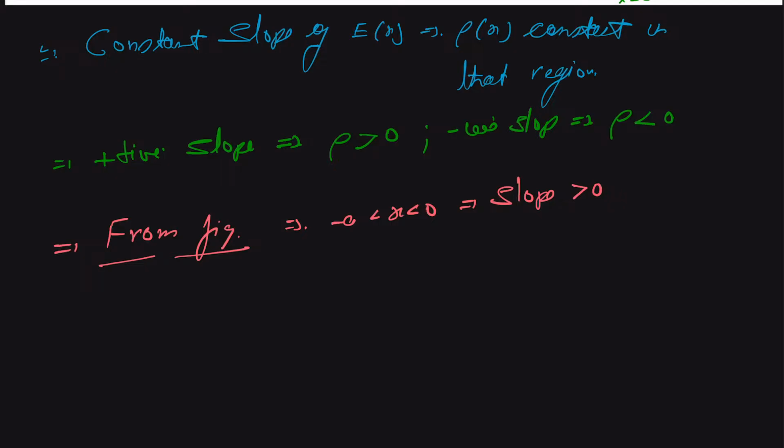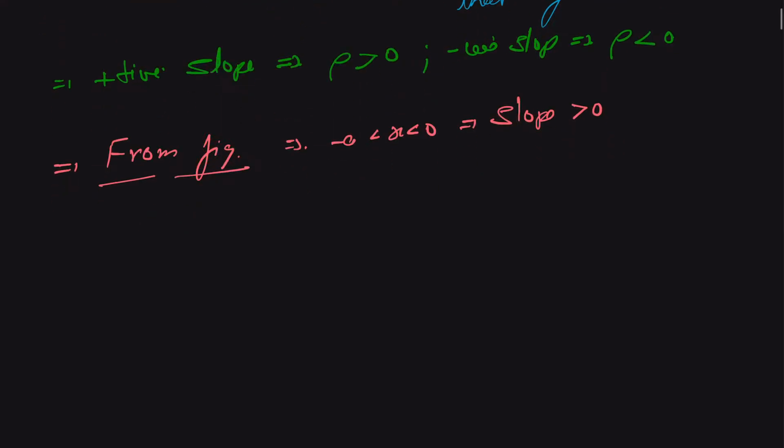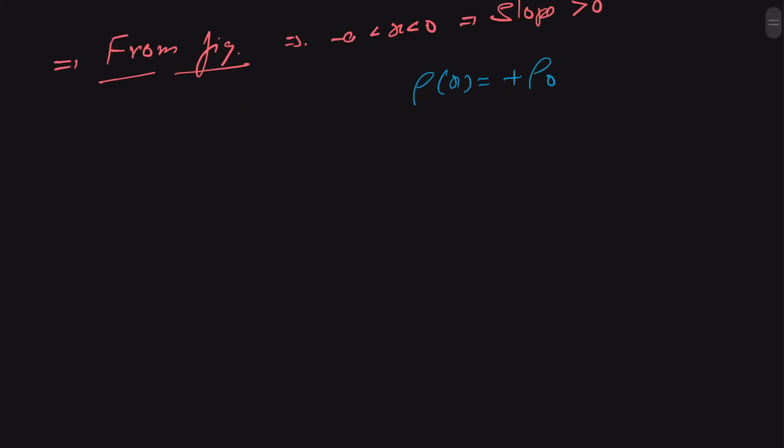And therefore, we can write that our charge density, that is rho of x, will be equal to a positive rho naught, some value. And similarly, for x greater than 0 but less than a, we are having a slope which is less than 0. Therefore, we can say that our charge density will be negative rho naught.